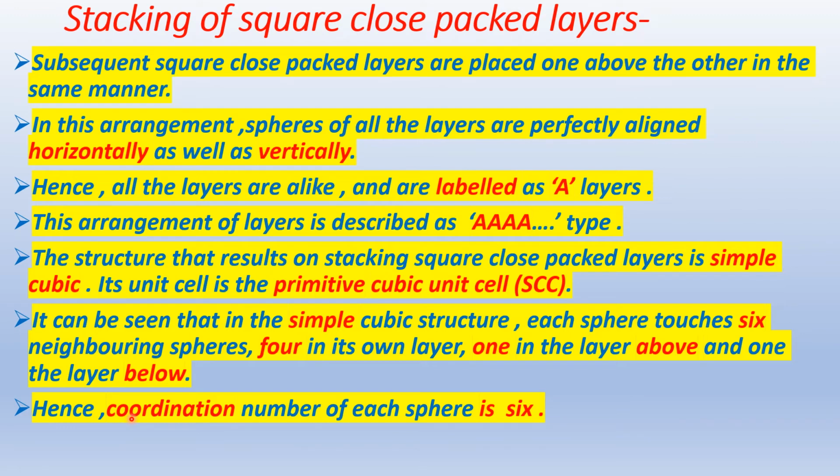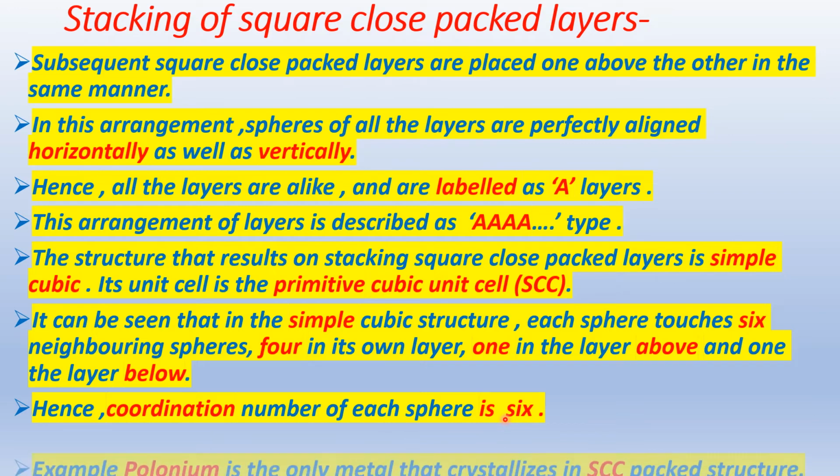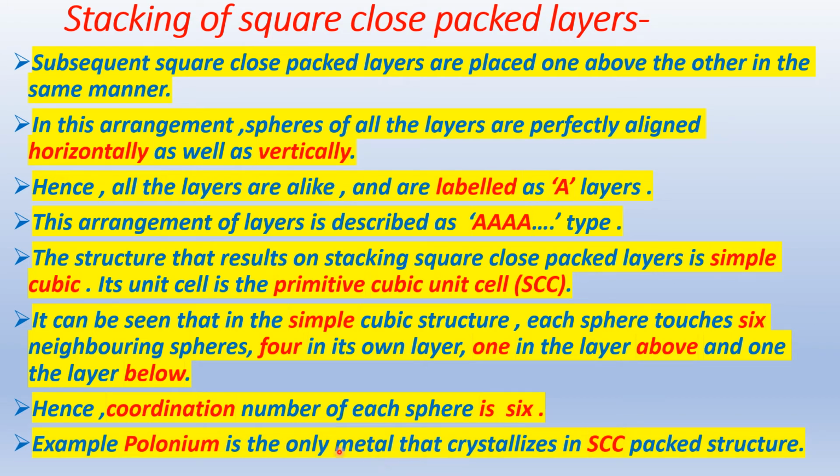Hence, the coordination number of each sphere is 6. As an example, polonium is the only metal that crystallizes in simple cubic packed structure.